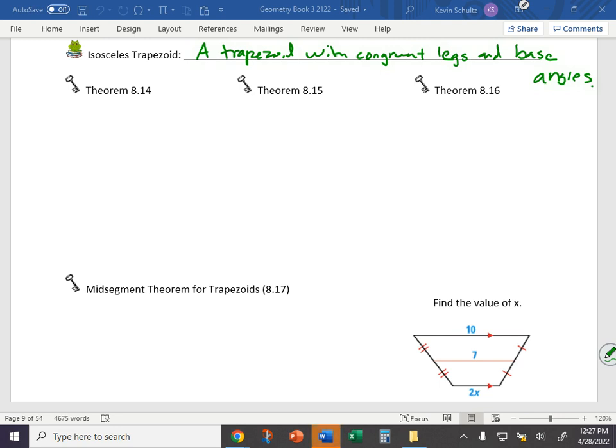There are three theorems associated with isosceles trapezoids. Theorem 8.14 starts with the knowledge that if you know a trapezoid is isosceles, then the base angles are congruent.